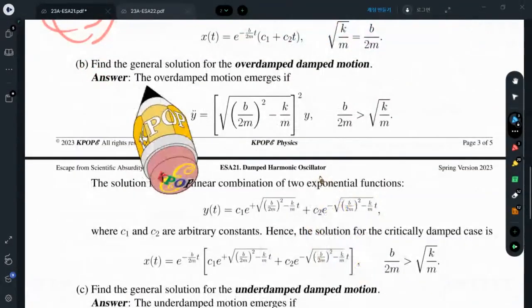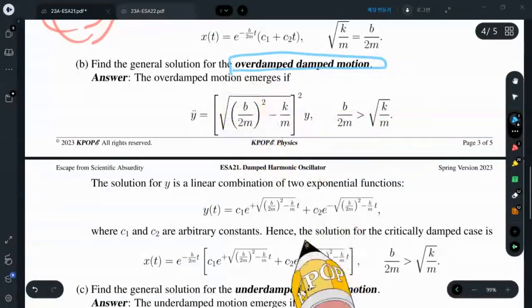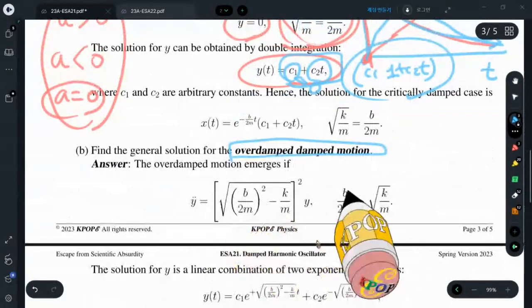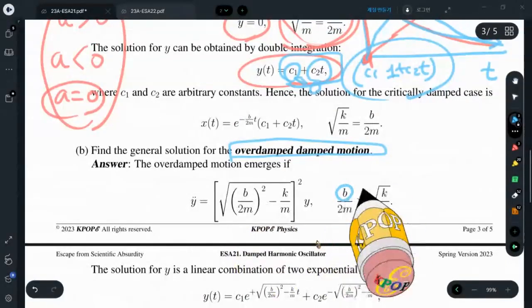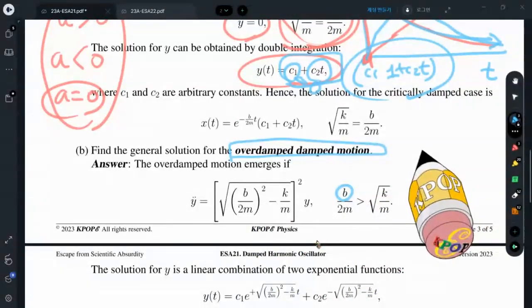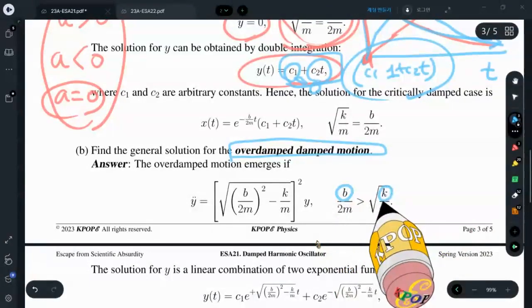Next, we consider overdamped motion. What is overdamped motion? It is the case when this parameter B that is related to the damping force is very large in comparison with the spring constant.